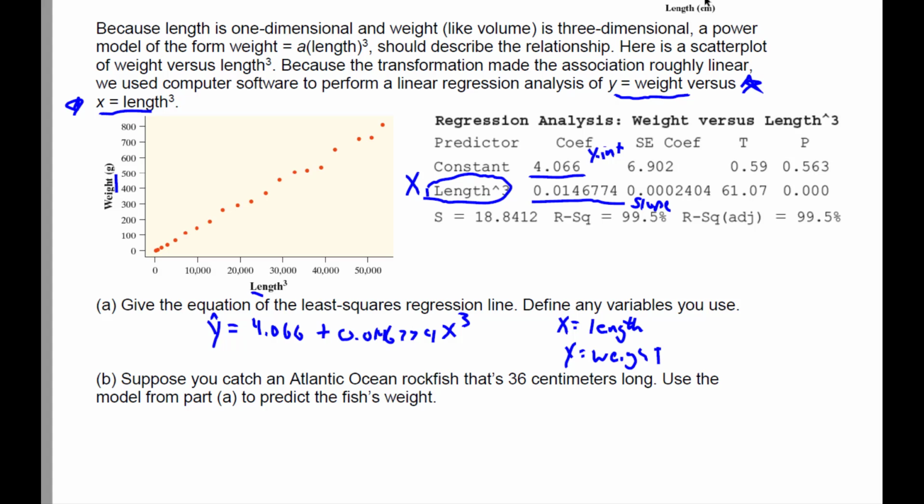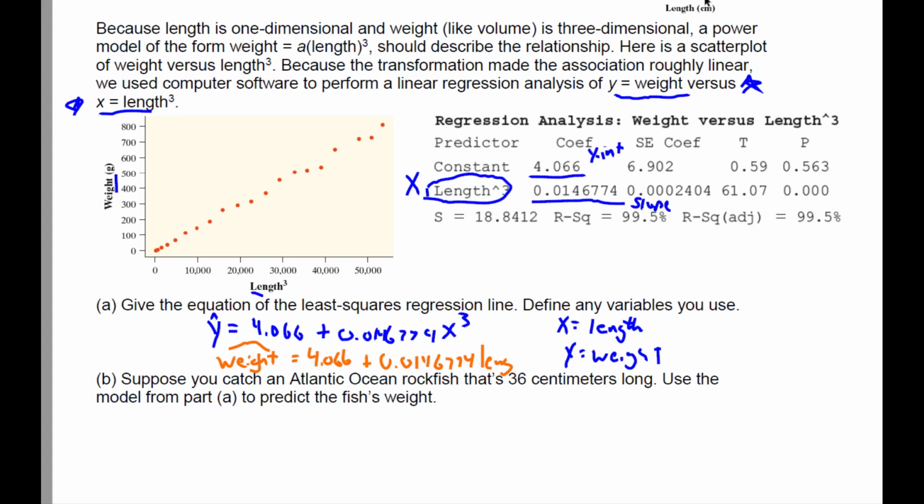In other words, if your y is your weight, you simply say weight, put a little hat on it, which will equal 4.066 plus 0.0146774, and then we're going to have our length.